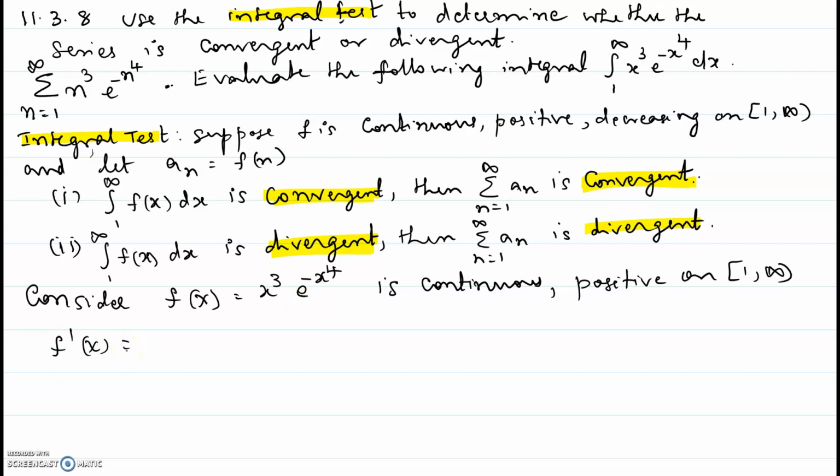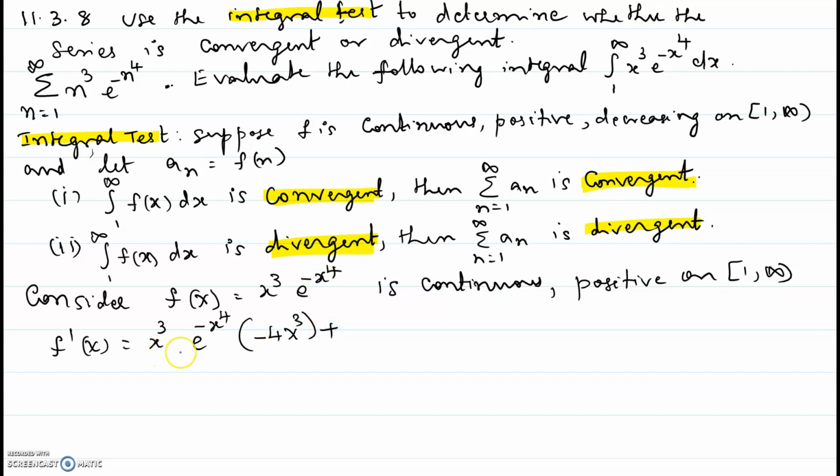We are going to apply the product rule: x cubed times e to the exponent negative x to the power 4, so it is u times v type. So it is u times the derivative of e to the negative x to the power of 4, times the derivative of negative x to the power of 4, that is negative 4x cubed.